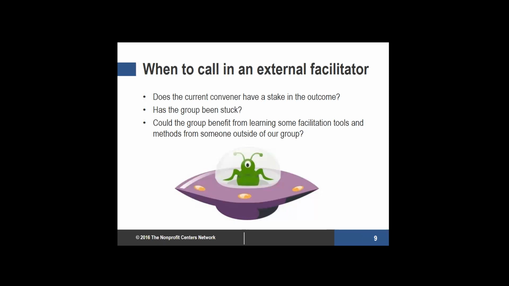And if you're already working within a network, it's likely that you have an interest in the outcomes. Also, if the group has been stuck, bringing in an outsider can help change and shift perspectives. Also, when you can benefit from learning some facilitation tools or new ways of thinking, it often helps to have that knowledge coming down from an outside expert. So I really believe in the power of using an external facilitator during this kind of launchpad process. And I think it's one of the pieces that helps it work.